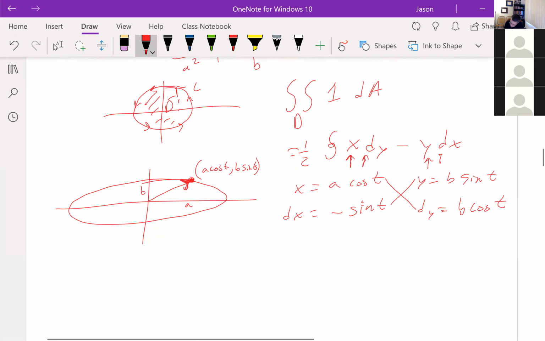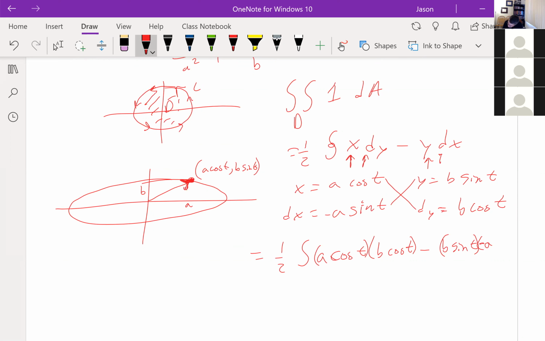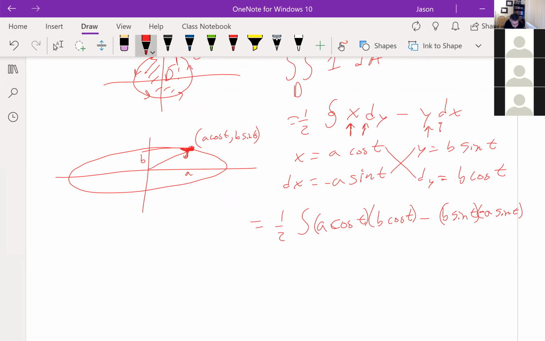So let's say that we've got 1/2 of the positively oriented integral of A cosine t times B cosine t, minus y, which is B sine t, times negative A sine t, with parentheses, and we'll do a dt here.